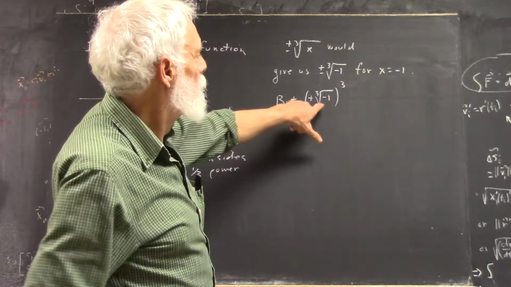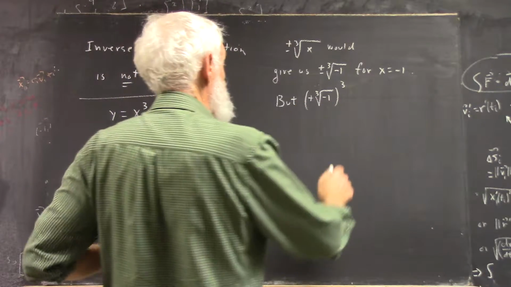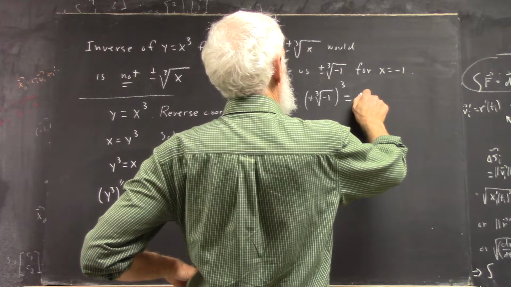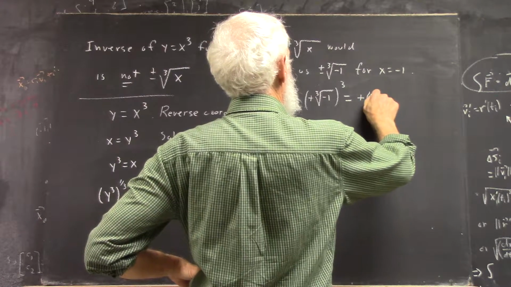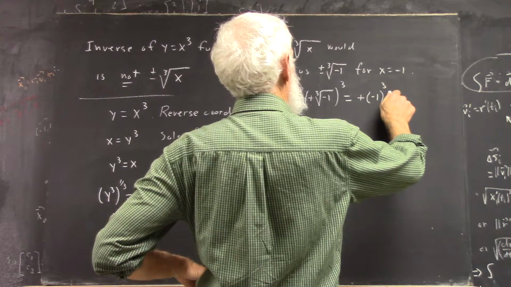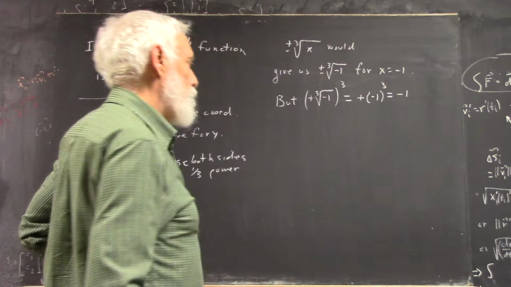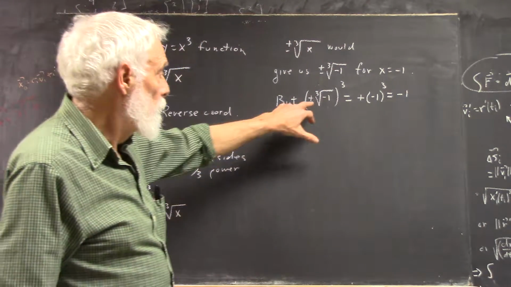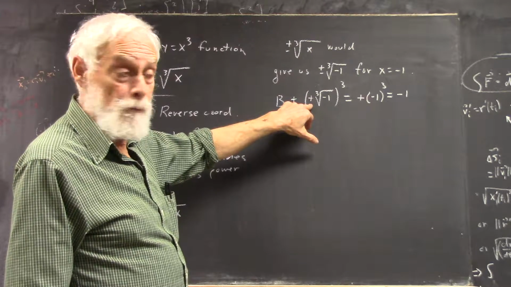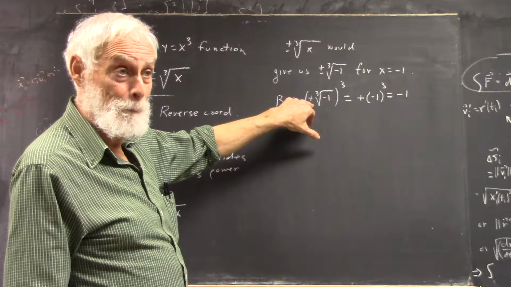But if we cube plus cube root of -1, we get -1 cubed with a plus, right? Because if you cube a plus, you get a plus, right?